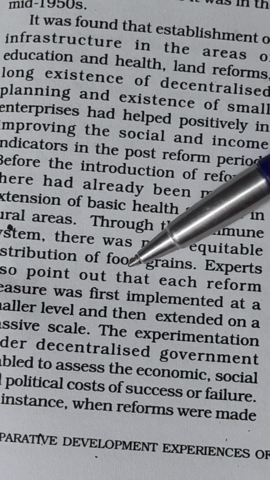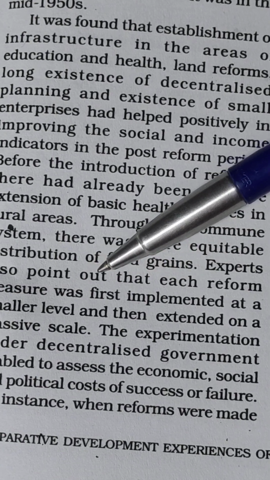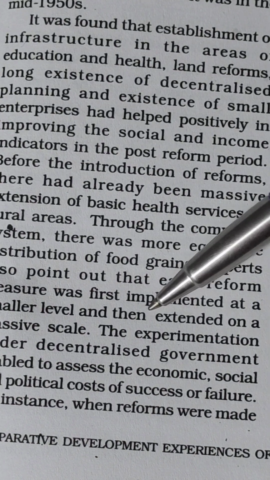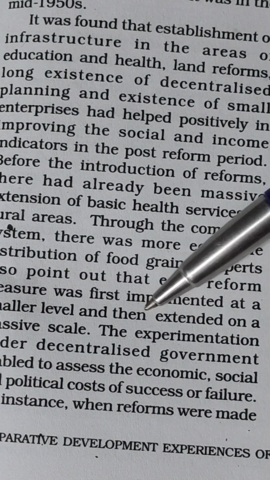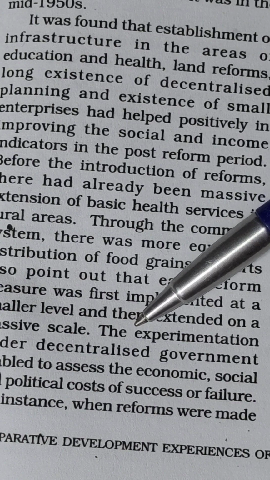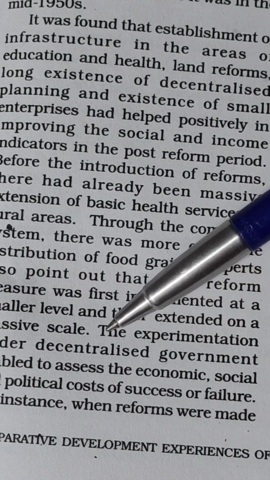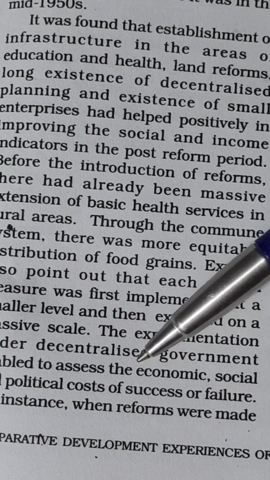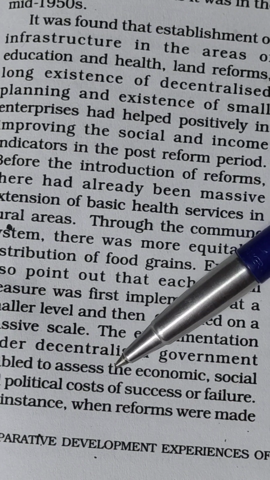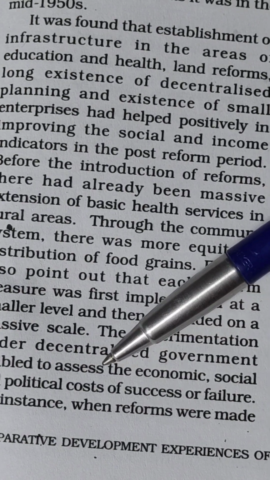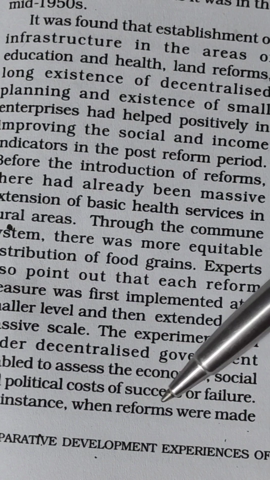Experts also point out that each reform measure was first implemented at a smaller level and then extended to a massive scale. The experimentation under decentralized government enabled them to assess the economic, social, and political costs of success or failure.